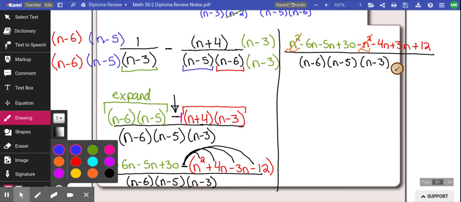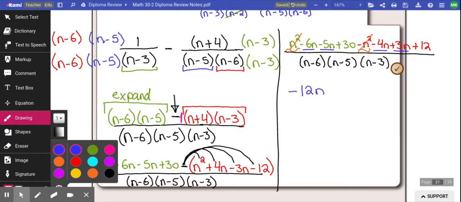I have a whole bunch of n's. I have minus 6n, minus 5n, minus 4n, plus 3n. If you put that in your calculator, so -6 minus 5 minus 4 plus 3, you should end up with -12n. And then I have a couple constants.